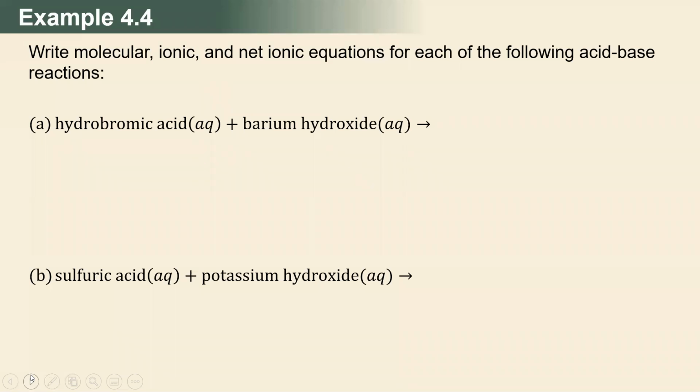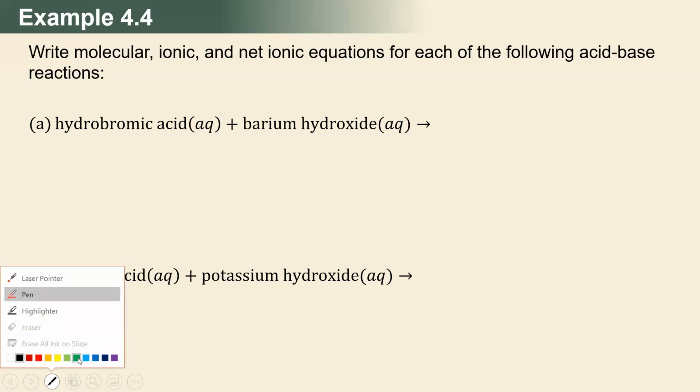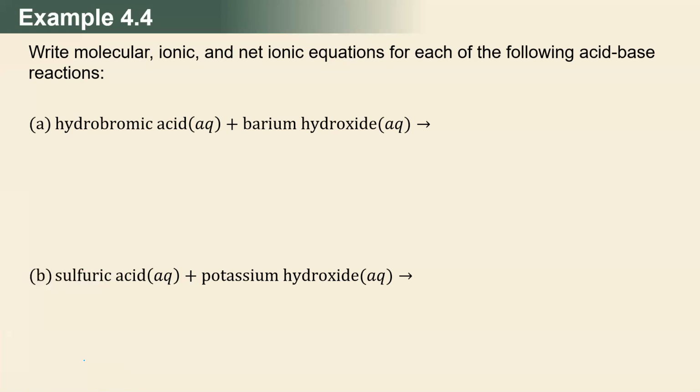Write the molecular, ionic, and net ionic equations for each of the following acid-base reactions. Let's do one together, and then you can do another one later on your own. Hydrobromic acid. I'm just going to go across my screen here. Ashlyn, hydrobromic acid, what's that one?